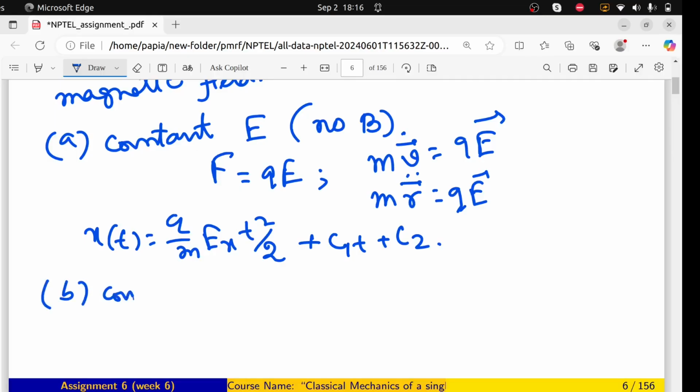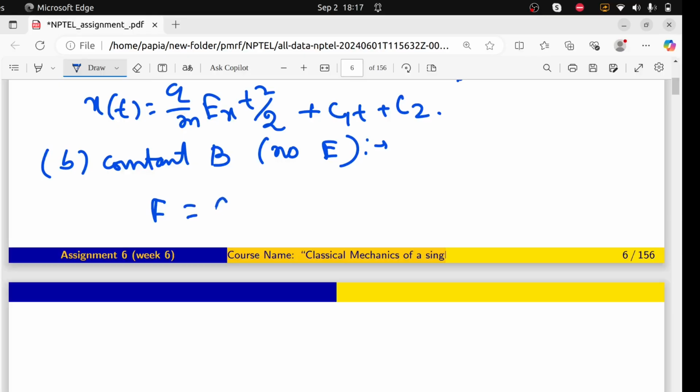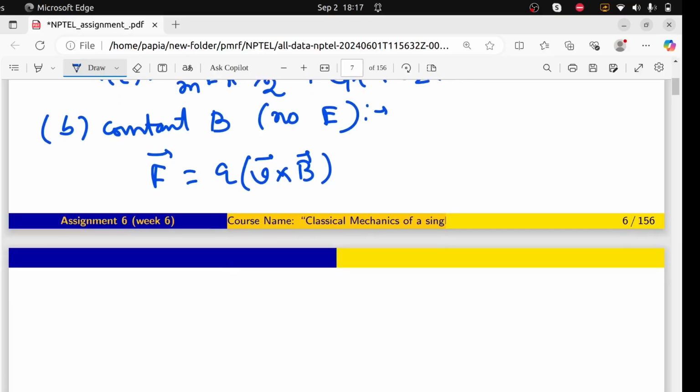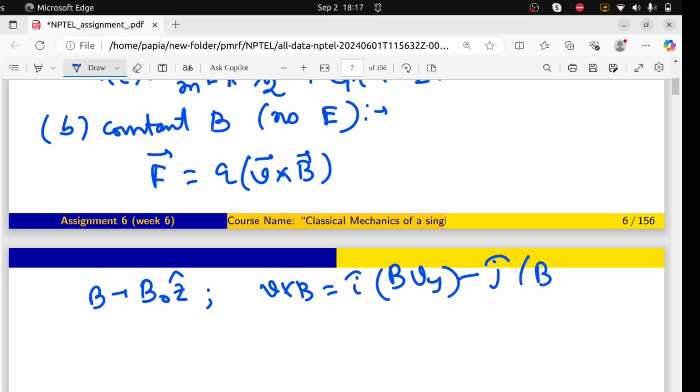Now constant B, no E. In this condition the force will be Q into V cross B. He was talking about one example where B is along B_0 z cap, and V cross B was nothing but i cap into B V_y minus j cap into B V_x.